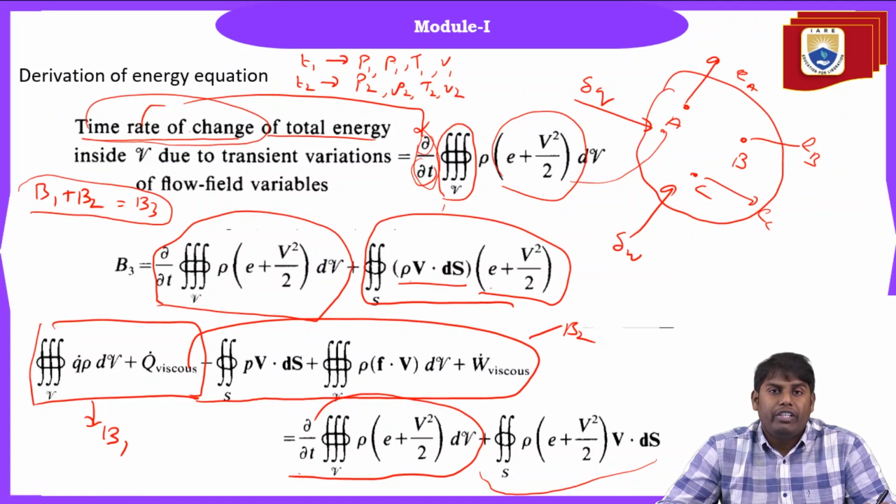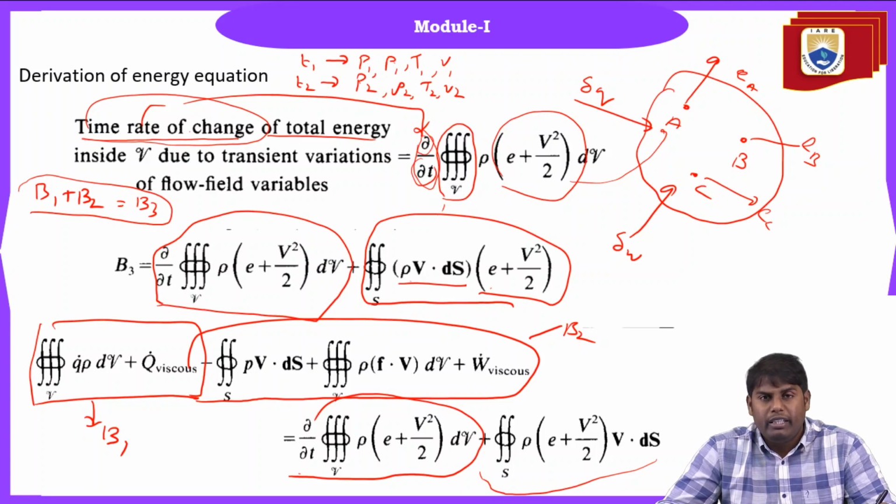The possible ways we have seen are the heat coming from the surroundings or heat going from the system, and heat coming from the viscous effect, which is added to B1. Next, the work done on the system or work done by the system. The work is coming in two ways: one from body force and the other from surface force. Body force is nothing but gravity and electromagnetic. Surface force is nothing but the pressure and the viscous.